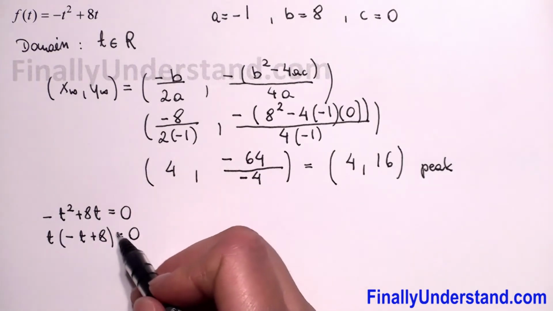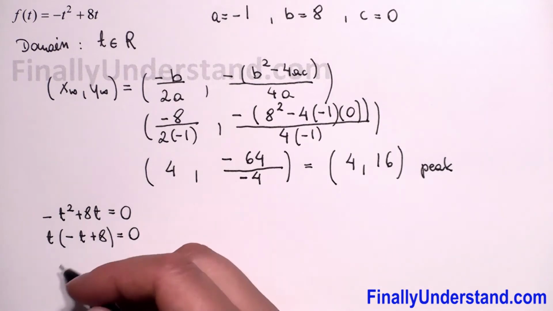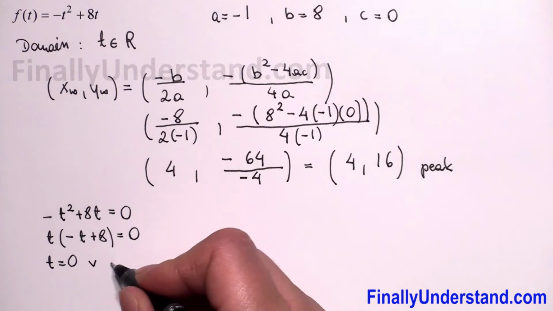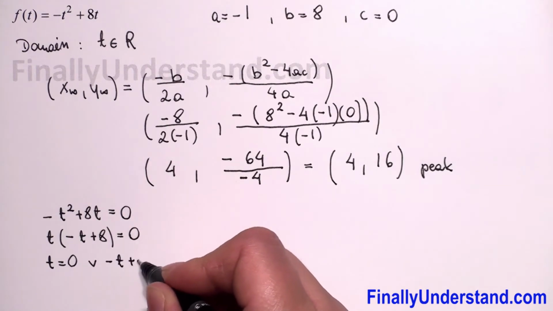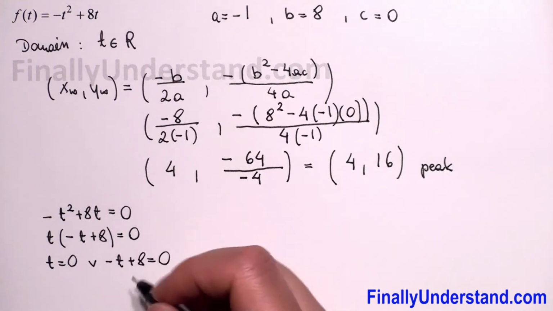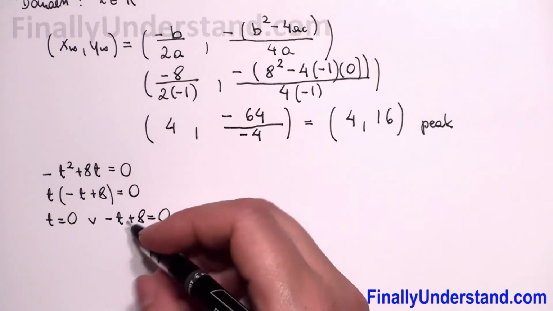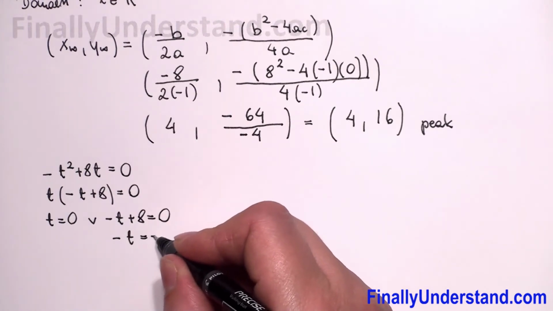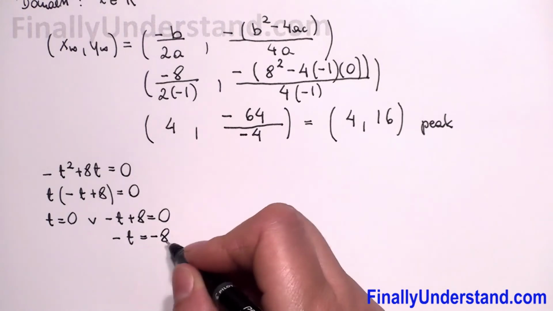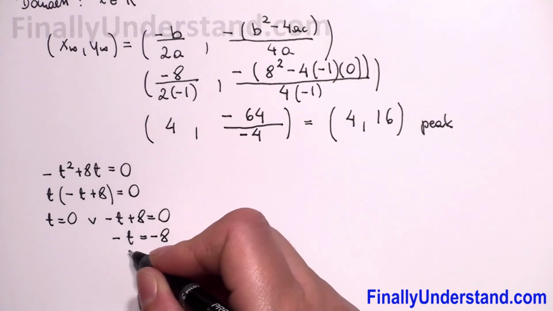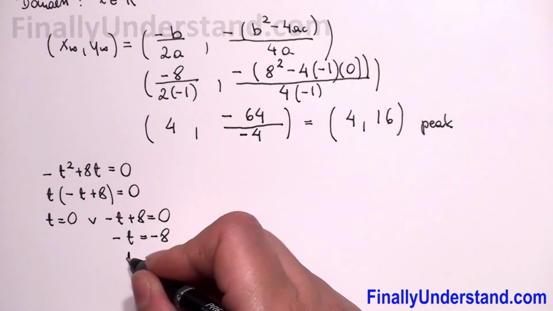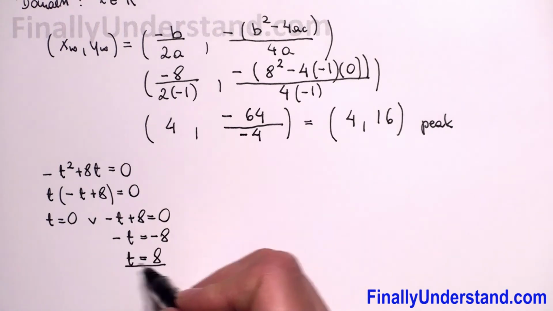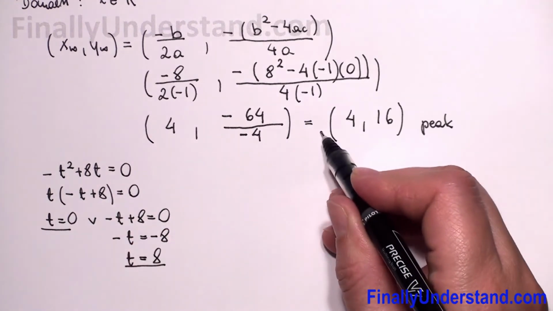When this left side will be 0, because we have multiplication here, when t will be 0 or negative t plus 8 will be 0. So we have to solve this equation. Negative t is equal negative 8. I will divide both sides by negative 1, so it will be t equals 8. We have two roots. We have peak.